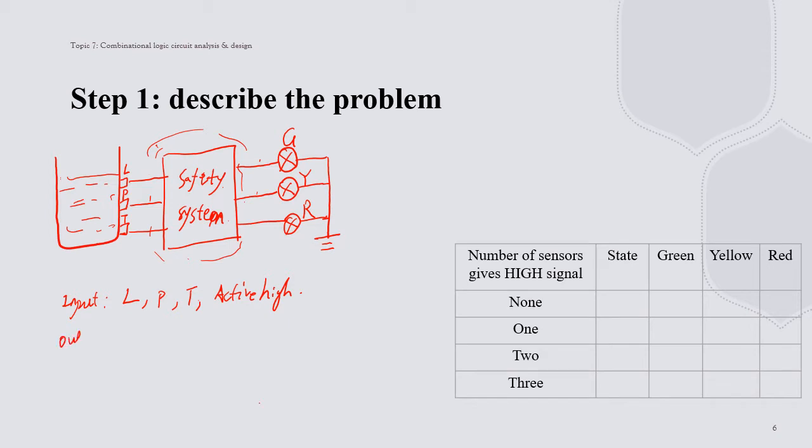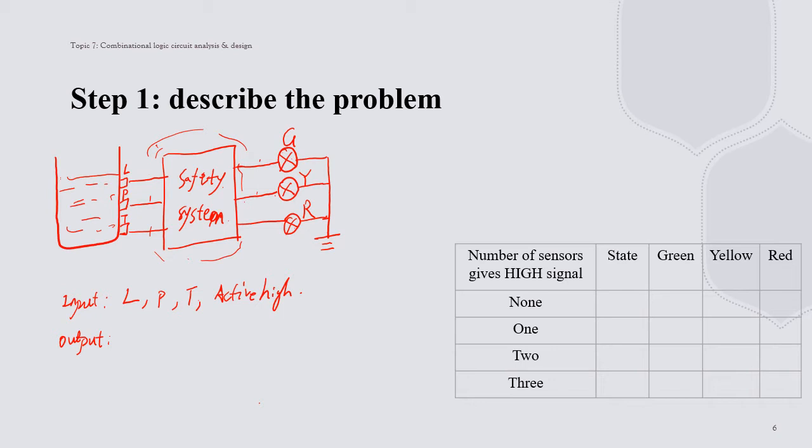And what's the output? The output is actually the wires connected to control the three lights. The output is not actually the three lamps, it's the signal to control those lamps.